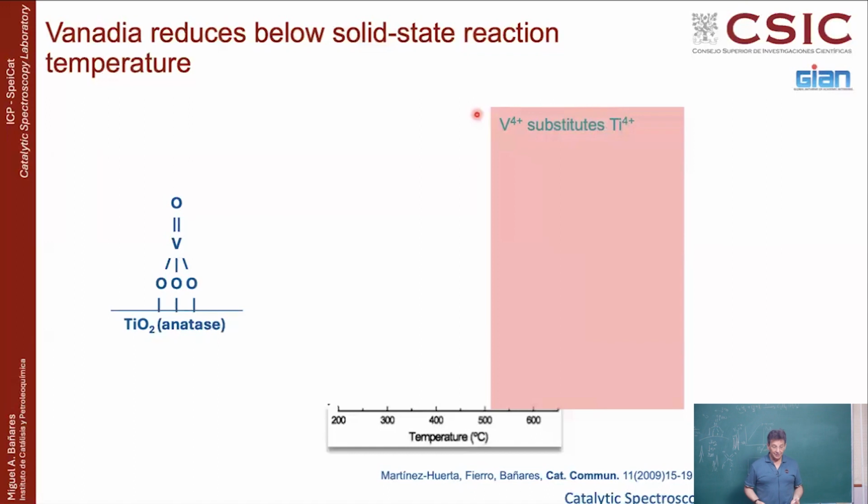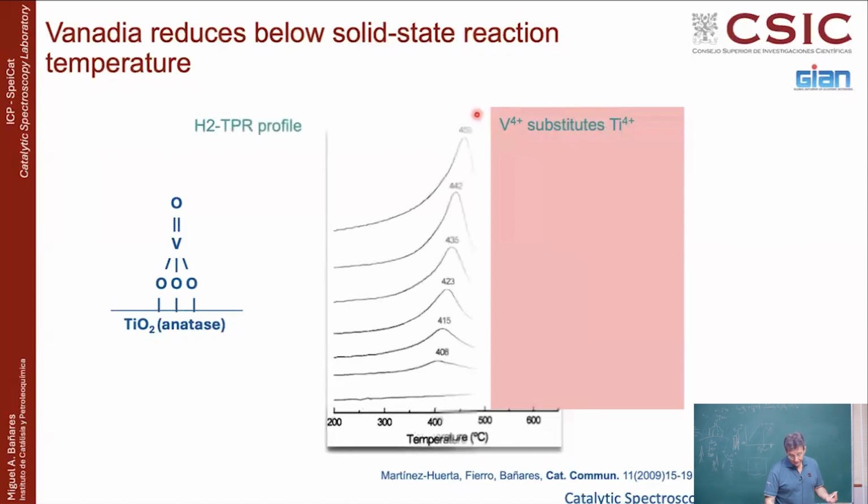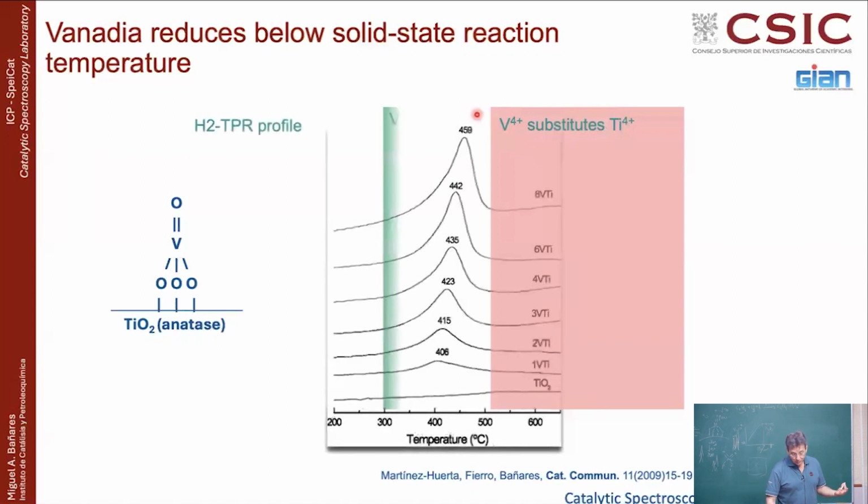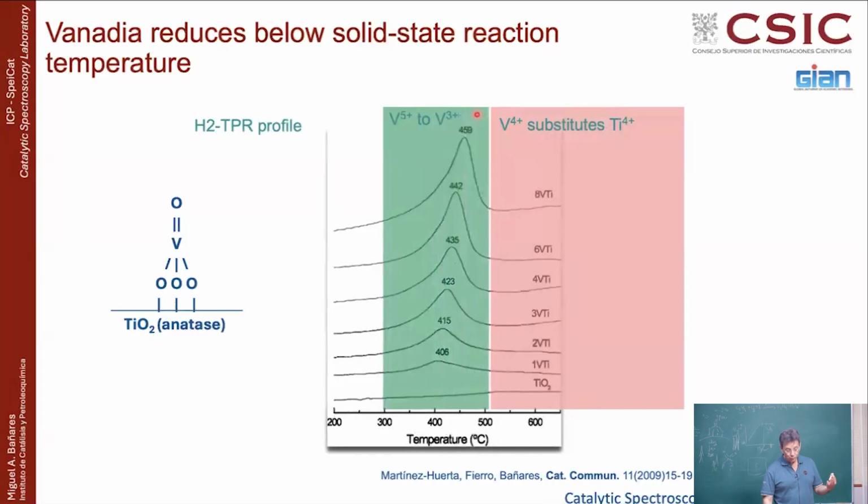Now, when we make a TPR, hydrogen reduces vanadium from 5+ to 3+ before we reach the temperature at which the vanadium 4+ would be able to enter into the lattice. So there is no chance for vanadium 4+ to enter into the titania lattice in hydrogen because it's already reduced into 3+.